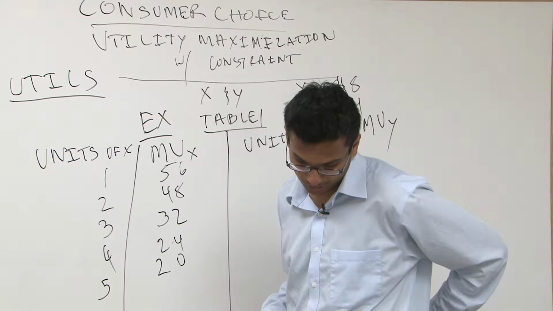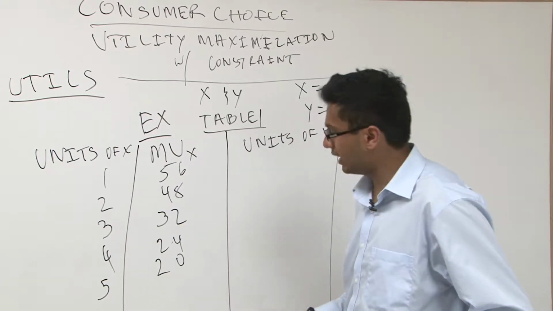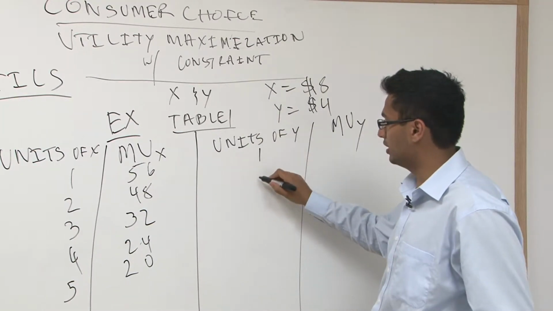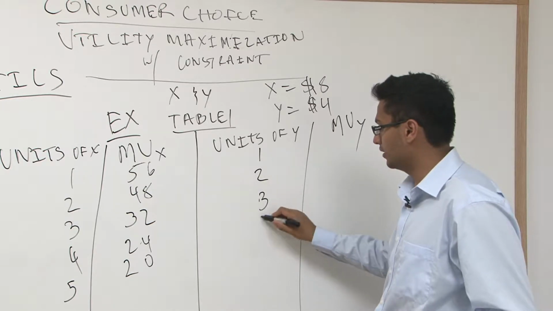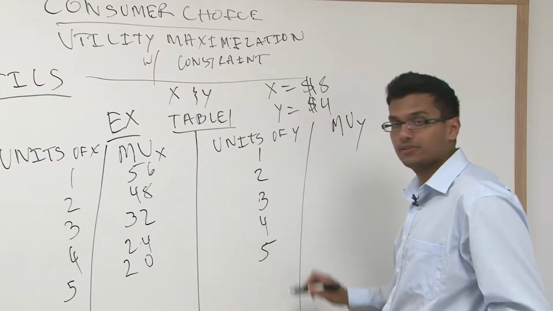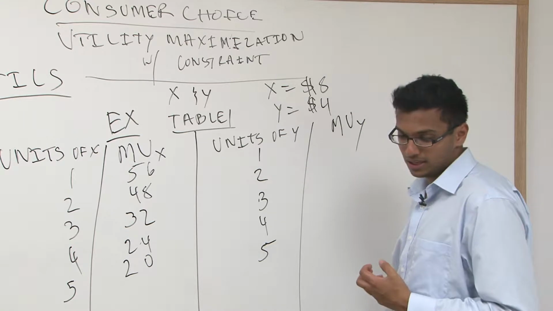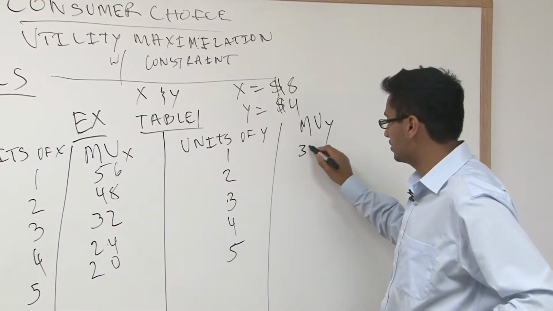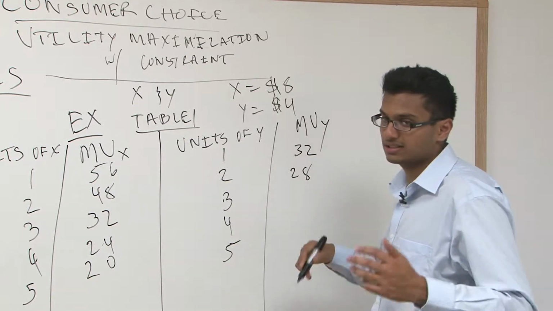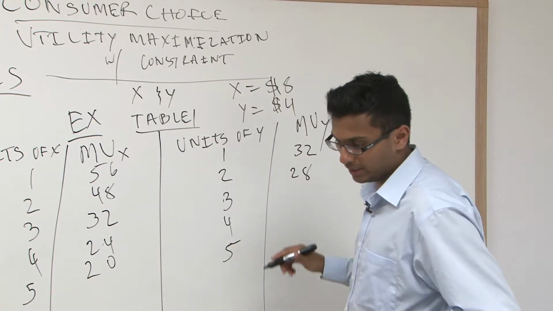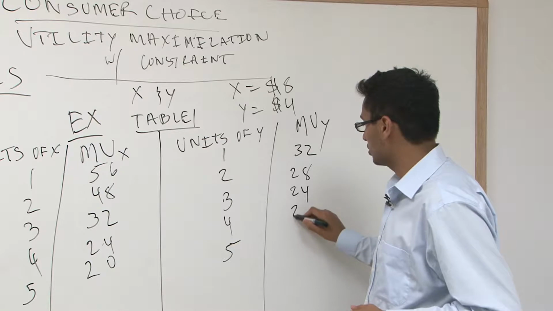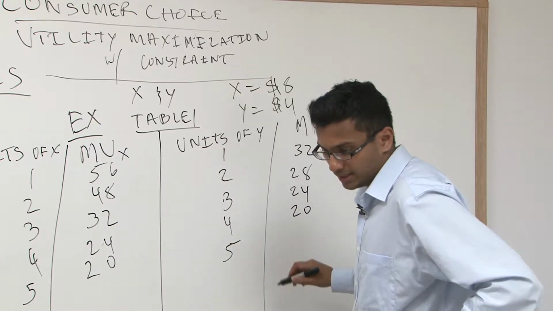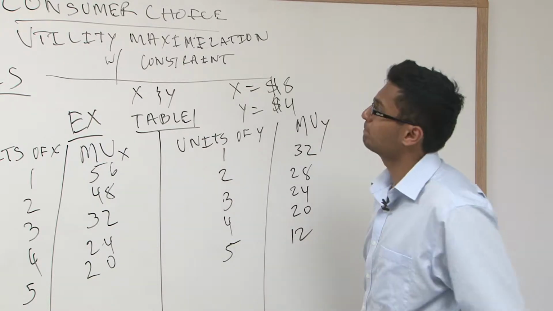Then over here, units of Y are the same: 1, 2, 3, 4, 5. And the numbers are 32, 28, 24, 20, and 12. This is just an example.